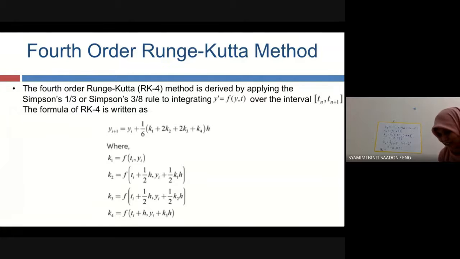So back to the general equation, the fourth order Runge-Kutta method, y1 is y0, which is 1, plus 1/6 (k1 plus 2k2 plus 2k3 plus k4) multiplied with h. So that is y1. You will get 0.64.